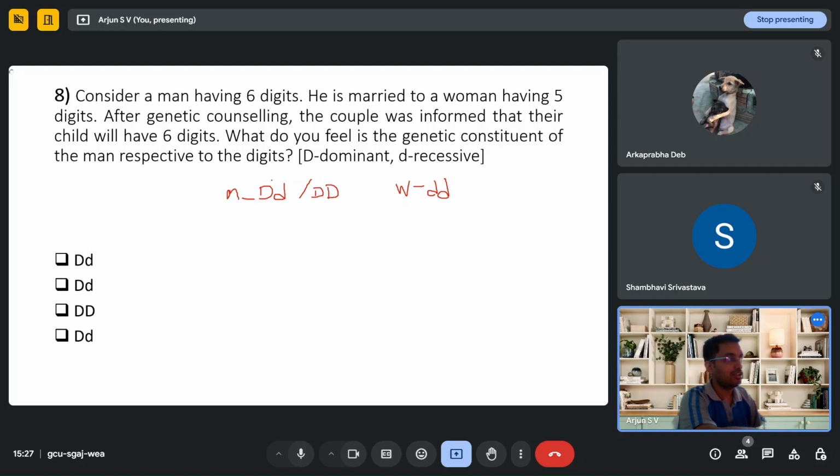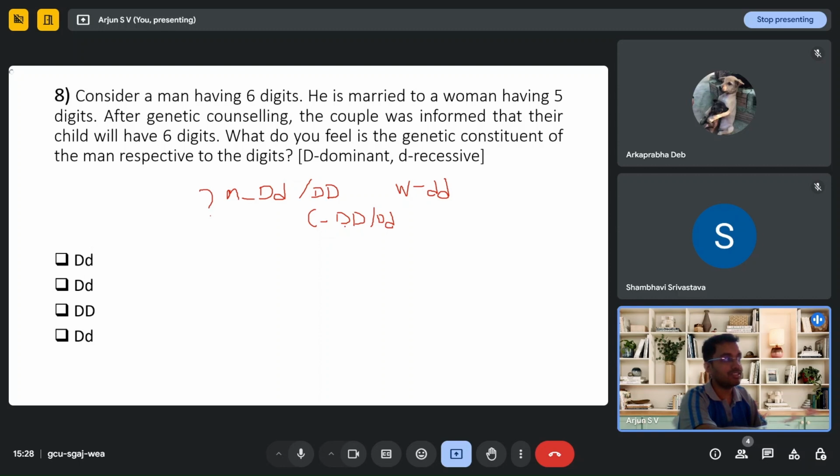So the offspring is definitely going to have 6 digits. It's either capital D capital D, or capital D small d. So we have to determine the genetic constituent of the man.